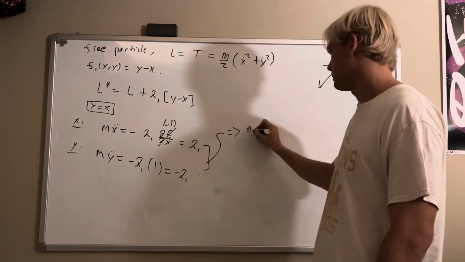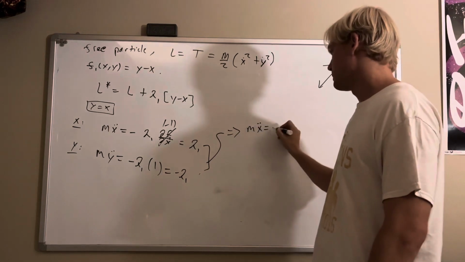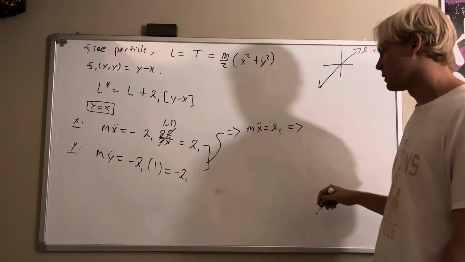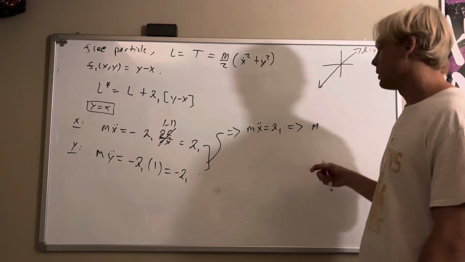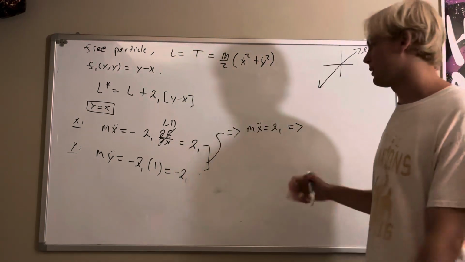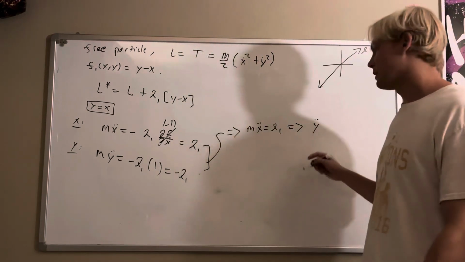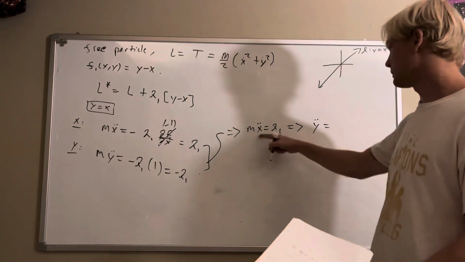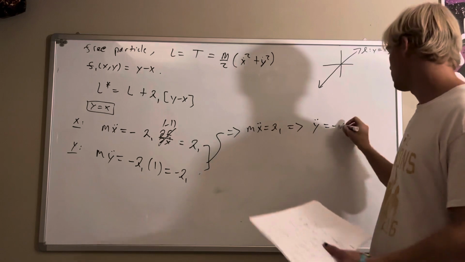So I say m is equal to lambda 1. So then we plug it into the second equation, we get m. The m's go away. I can say that out loud. y dot is equal to negative lambda, but we said lambda is that, and the m's cancel.